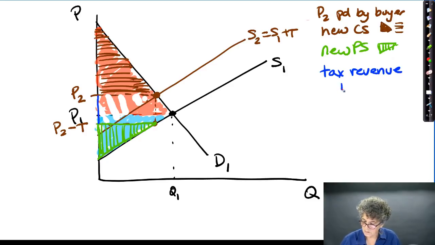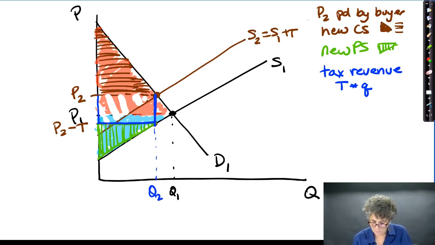Well, the tax revenue is the amount of the tax times the quantity that's sold. That is the area of a rectangle that has a base that is the quantity, which I never marked, my bad, quantity Q2. The base that is the quantity Q2, that's the new amount sold, and a height, which is the tax, but the distance between these two supply curves, we know that's equal to the tax.